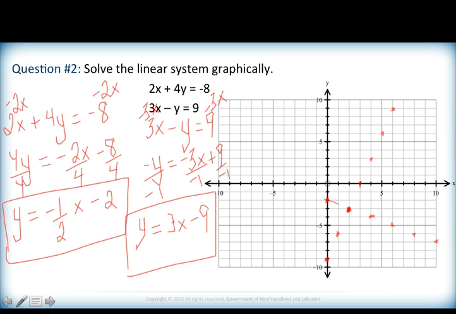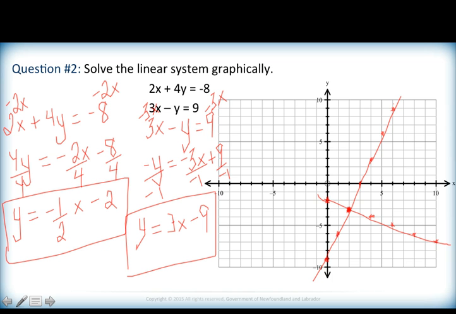So let's see if we can try to neatly join up our points. It's very difficult on the graph here. Of course, when you do this question yourself, you will have a ruler and your lines will be much better.